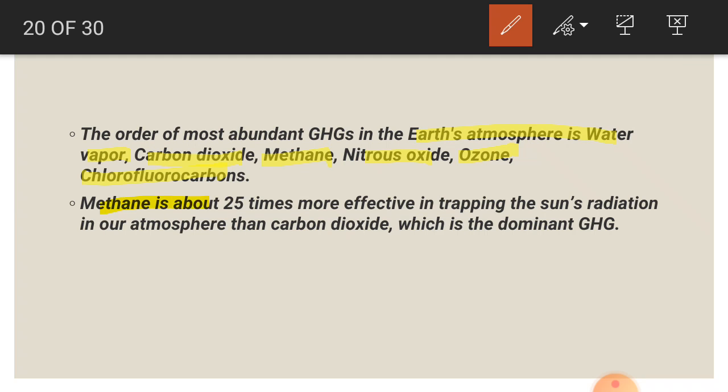Now, methane is 25 times more effective in trapping the sun's radiation in our atmosphere than carbon dioxide, which is the dominant greenhouse gas. So basically it is an example to show what global warming potential is: methane is more effective in trapping the radiation of the sun, and leads to more heating of the environment.